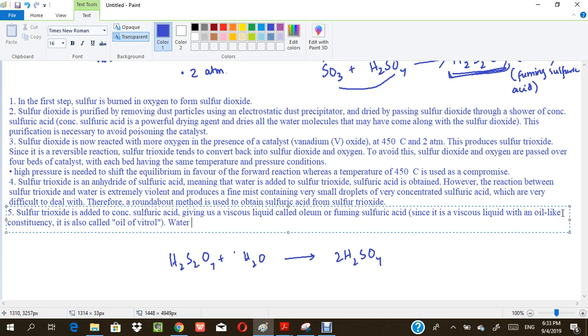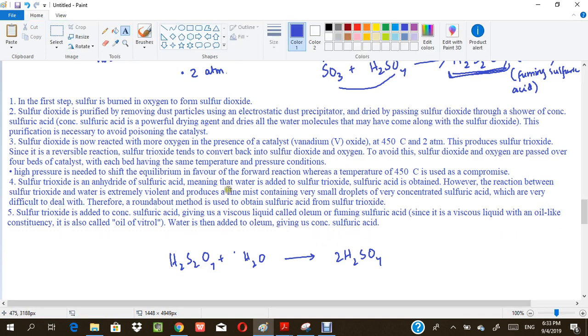Right? Water is then added to oleum, giving us concentrated sulfuric acid. That's it. That's all about the process giving us sulfuric acid.